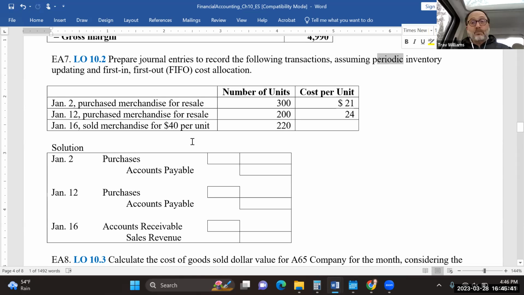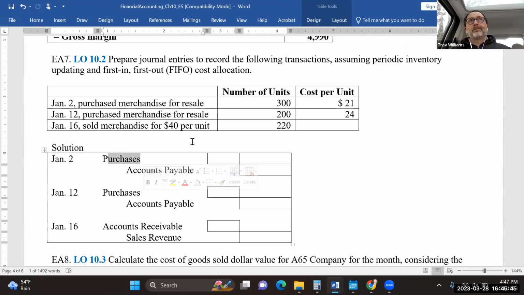And I think the reason for that is it has to do with how you track the cost. If you're doing periodic, at the end of the period, you're going to add up all of your purchases of inventory. Then you're going to subtract any purchase discounts and purchase allowances and purchase returns to get your net purchases.